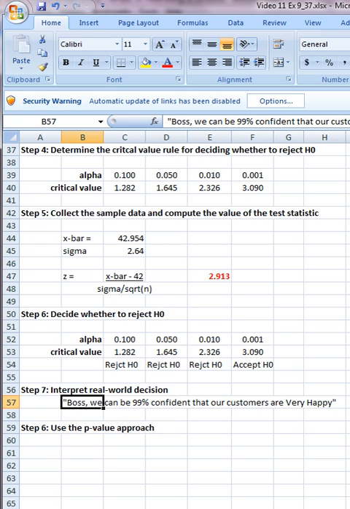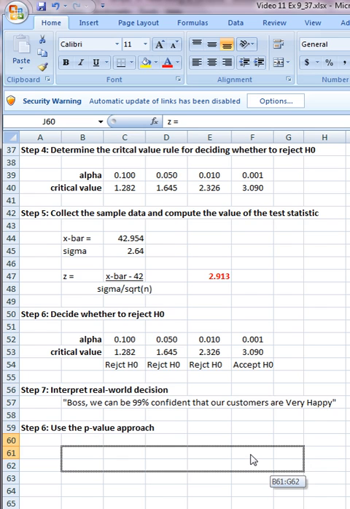And if we want to be more confident, we probably need to take a bigger sample. 65 gave us a standard deviation that is simply too large to make that conclusion. Now the question is, is it worth the money to do that extra sampling to get a better feel for how confident we can be?